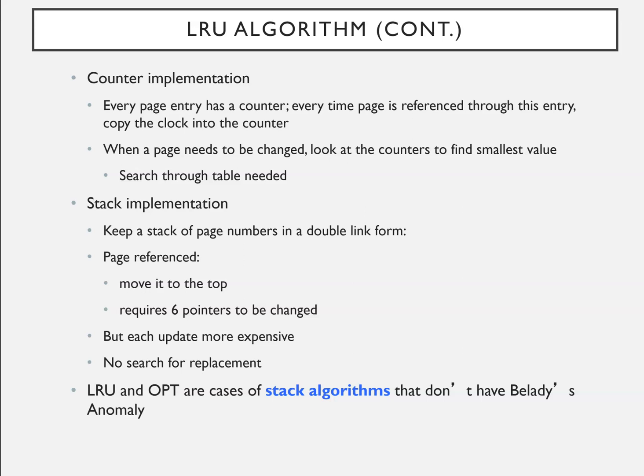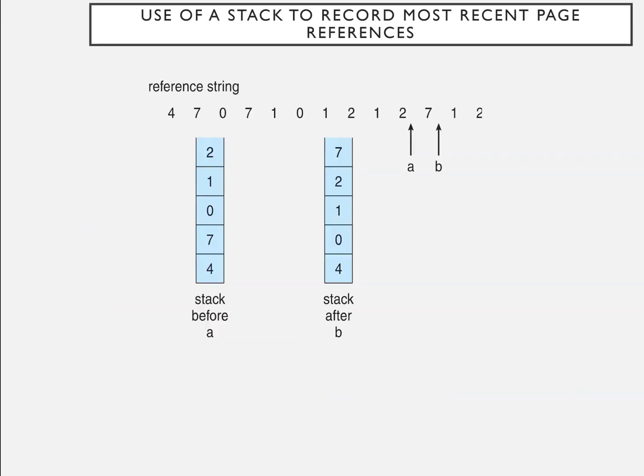However, least recently used and OPT are cases of stack algorithms that don't have Belady's anomaly. We don't pay a price for adding more frames. So here we use our stack: 4 7 0 1 2, then 4 7 0, in which we replace the most recent page references.